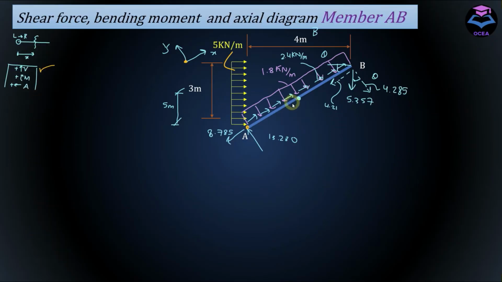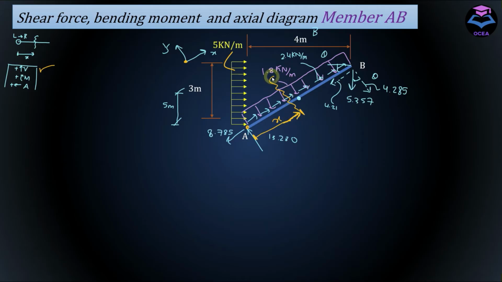And as I mentioned earlier, we will be using method of section to write equations, and in this case we need only one section, because we have a UDL acting along the length of the member as well as perpendicular to the length of the member, and we don't have any kind of discontinuity in the loading between A and B point. So we need to take the coordinate from the left hand side and let's call it X.